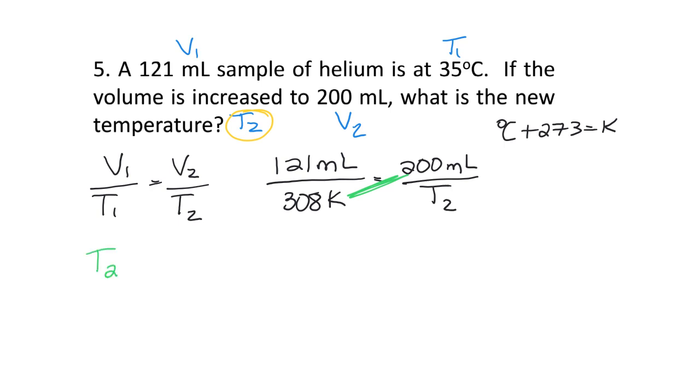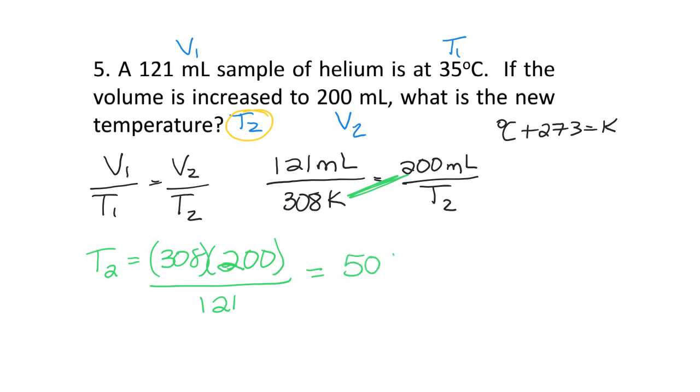So T2 equals 308 times 200 divided by 121 equals, now you're going to multiply that out and you're going to get 509 Kelvin. But I gave you the original temperature in degrees Celsius. So you need to convert this Kelvin back to Celsius. You do that by subtracting 273. So we get 236 degrees Celsius as our answer.